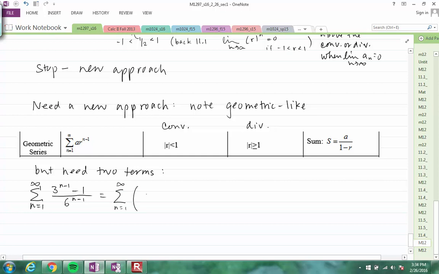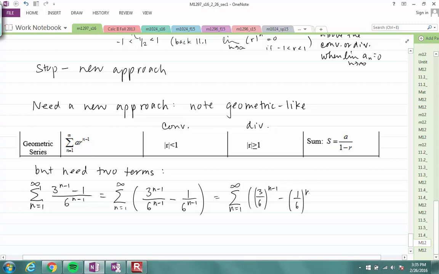I'm going to split this up into 3^(n-1) over 6^(n-1), and then minus 1 over 6^(n-1). Each of these can be written as separate geometric series. So let's do that. We're going to have 3/6 to the n minus 1, minus 1/6 to the n minus 1.